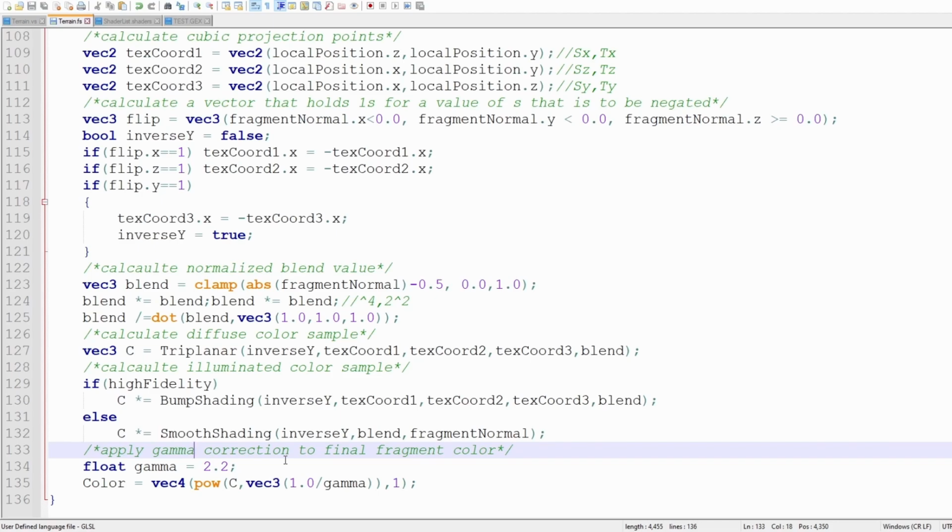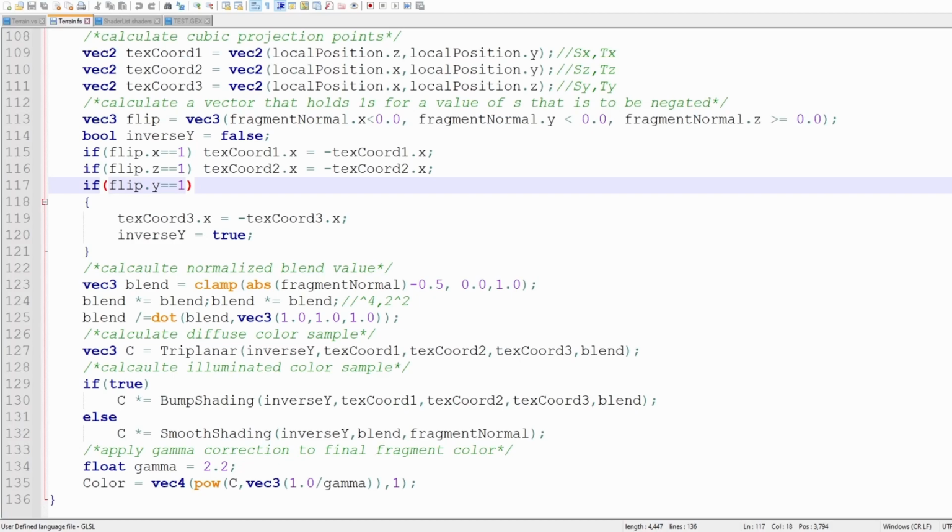So unfortunately, you can't parallax map with this. It saves you a lot of texture fetches, which is a good thing, but it will just not work well. So stick with smooth shading and bump shading, and your overall terrain should look pretty decent.